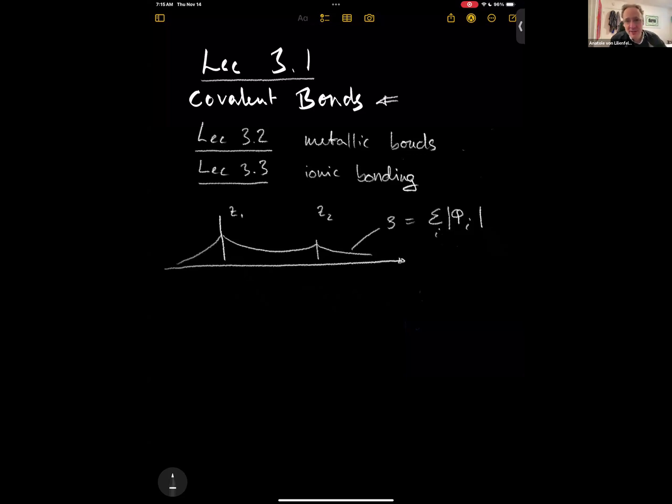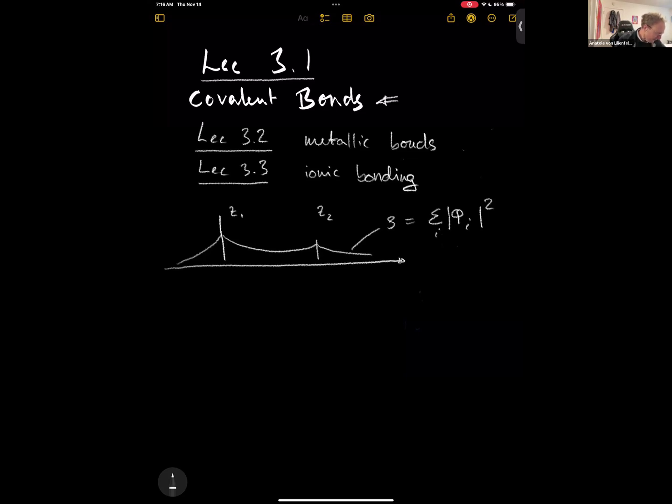And these wave functions can have positive and negative signs. And so we take their probability densities, because we know that the electron density is an observable, which has to be positive and real.